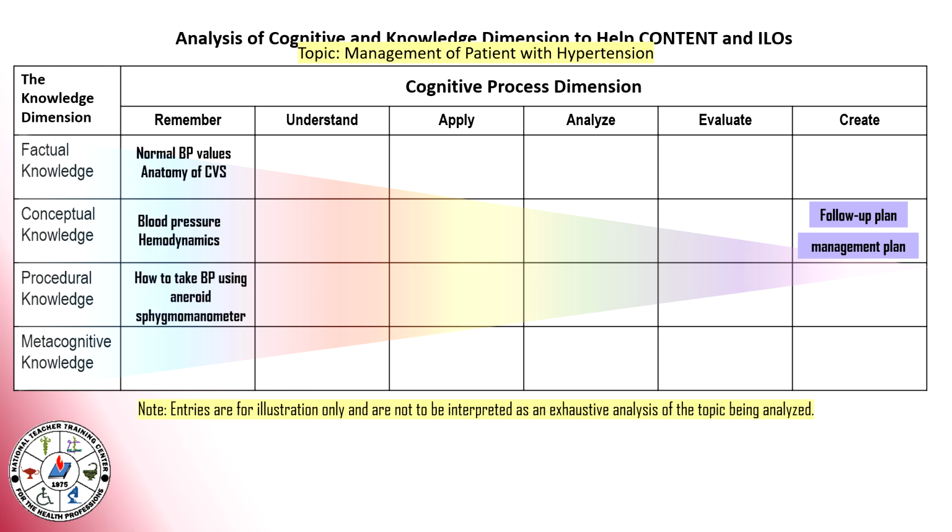So let's say you probably would start with making them remember the normal values, anatomy, cardiovascular system, blood pressure, hemodynamics, how to take blood pressure, which is your procedural knowledge.